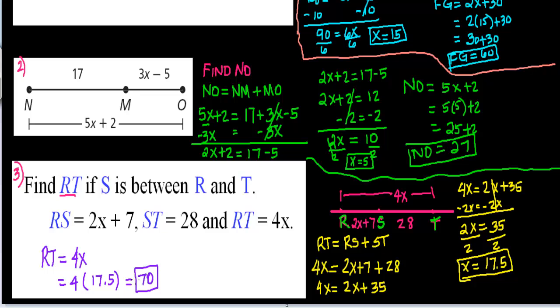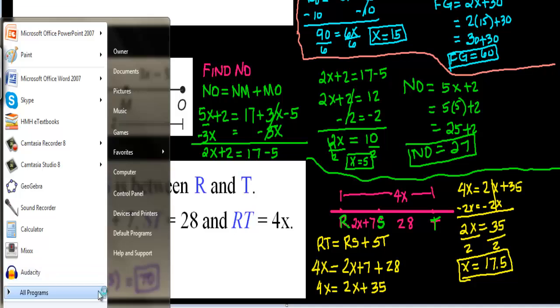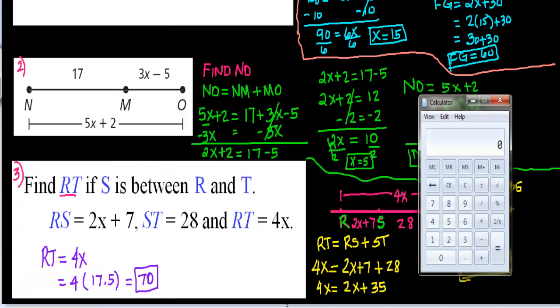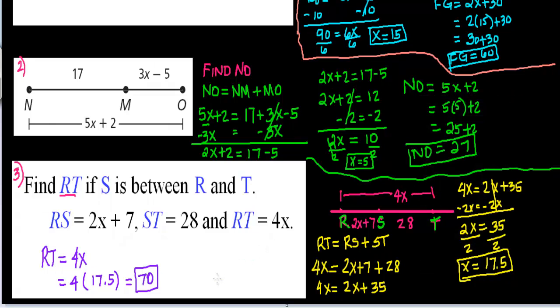You can check with your calculator. Let me find my calculator and make sure. So this is 4 times 17.5. Yeah, 70. Okay, good. And there you have it.